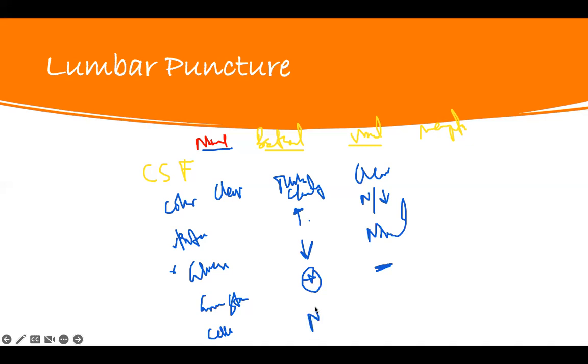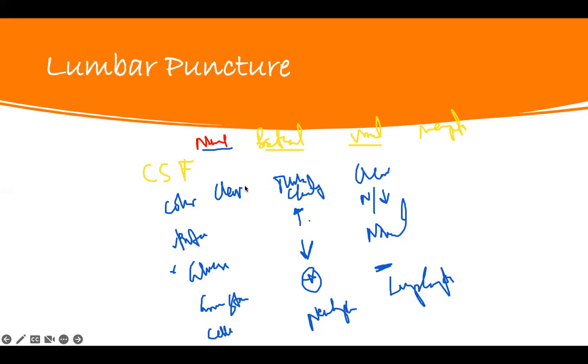You see a lot of neutrophils. And about viral, what is the common infectious cell that shows up? Lymphocytes. I don't want to give you numbers. I don't think it matters.